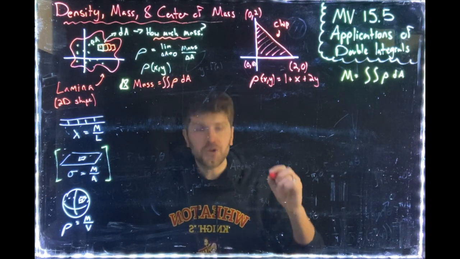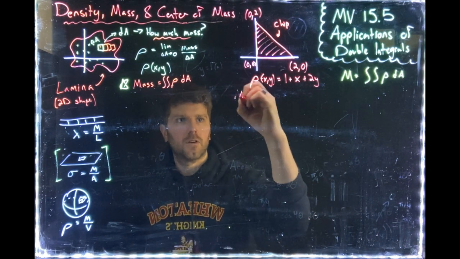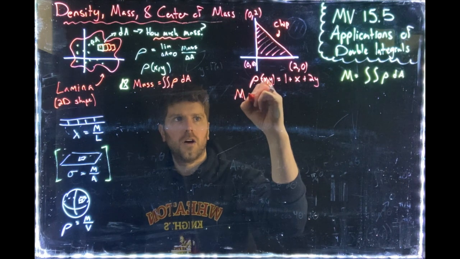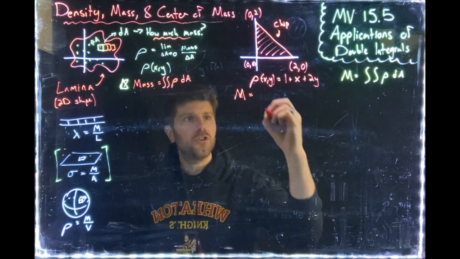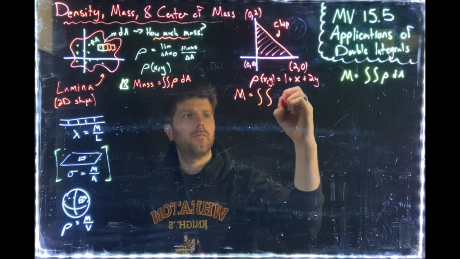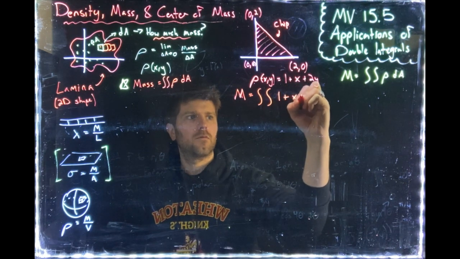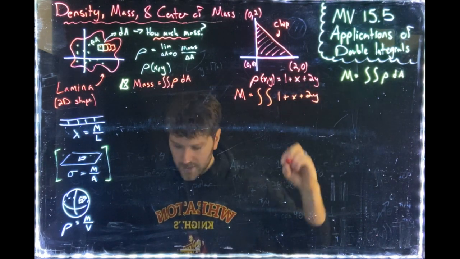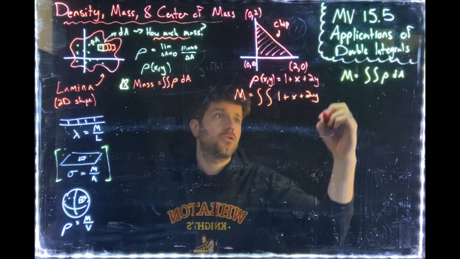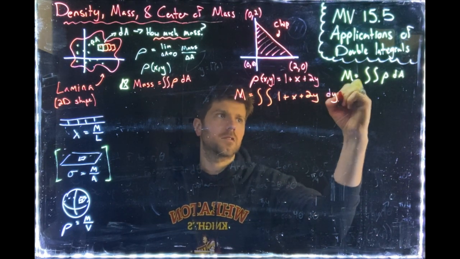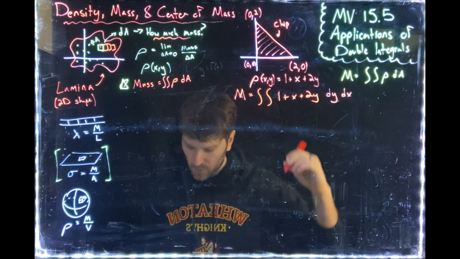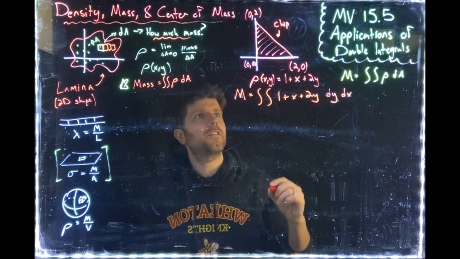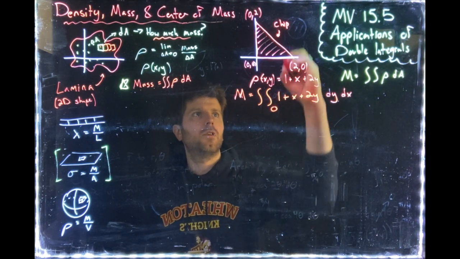So if I want to find the total mass of my chip, I have to do a double integral of my density function, dA. I'm just going to arbitrarily choose to do this dy dx. You could do it dx dy if you want, it doesn't matter. In this case, y is going to go from 0 up to this line.